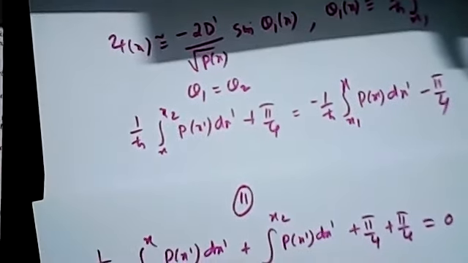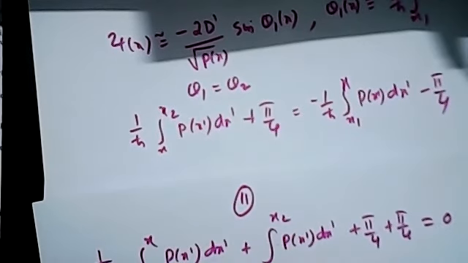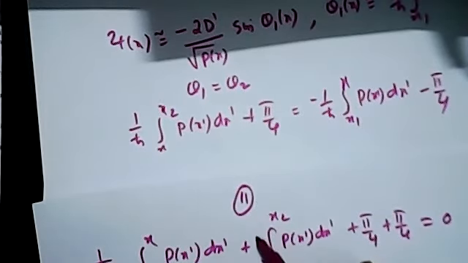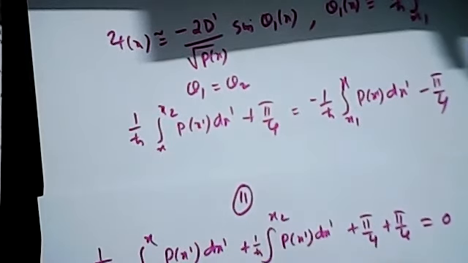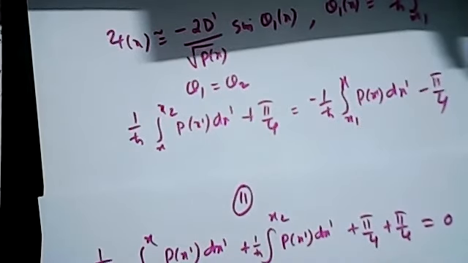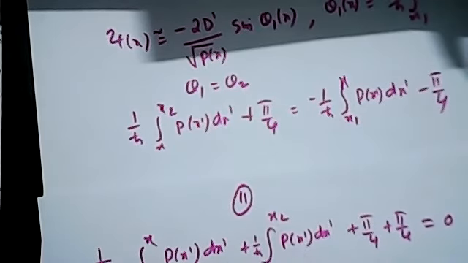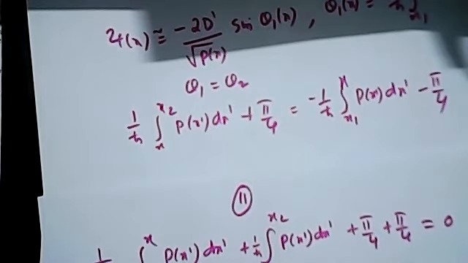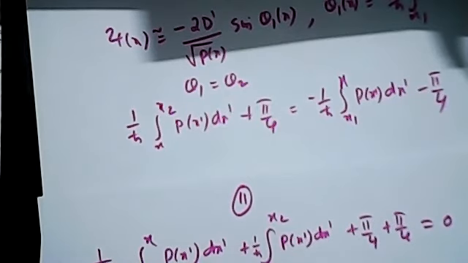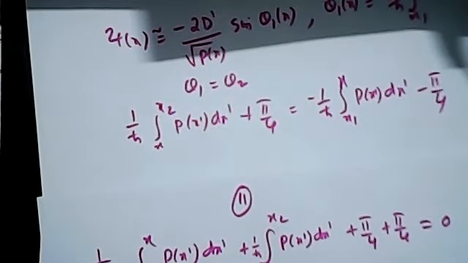We can write these two integrals together. Also 1 by h cross is a common factor. Then both integrals combine as integral x1 to x2 p of x dx plus pi by 2 equal to 0.